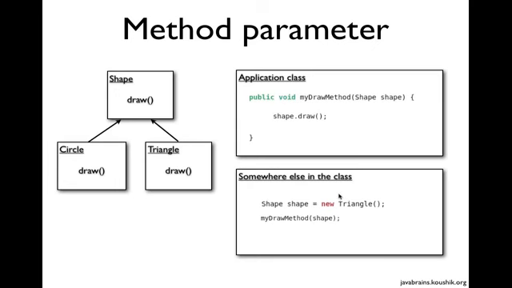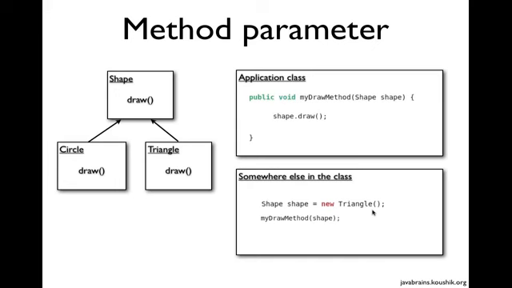Now if you have to change this, you will have to modify the class. Of course you don't have to change the method because this you have insulated, right? We do not have to change this depending on whether you want to draw a circle or a triangle. We have taken that dependency out of this part, but we have added it in this part. So if you have to change this to a circle, I'll have to change this line of code, and the same class will have to be modified.